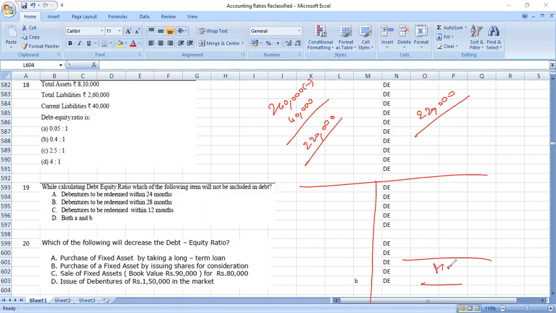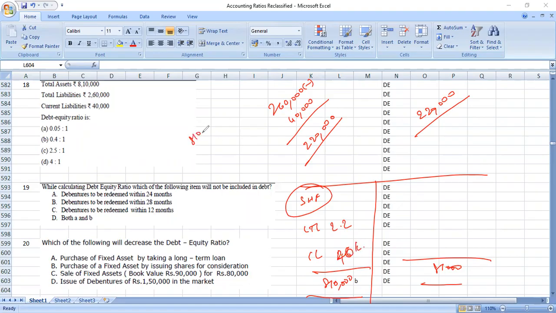Total assets are 8,10,000, so total liabilities will also be 8,10,000. Shareholders' funds only we don't know. Long-term liability we found out to be 2,20,000 and current liability we found out to be 40,000.